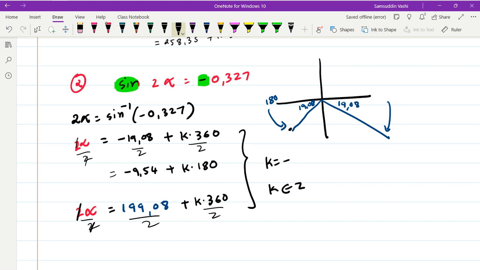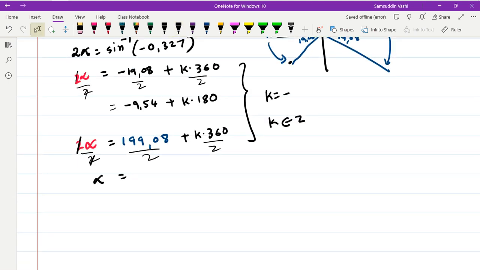And this side, 199.08 divided by 2 is 99.54 plus k times 180.